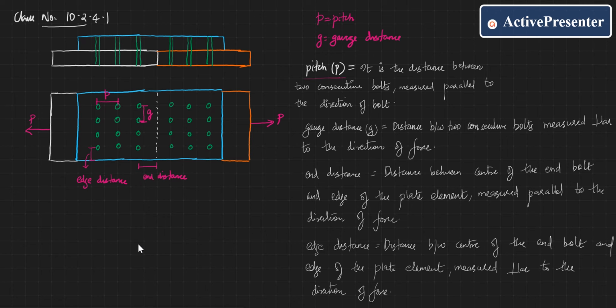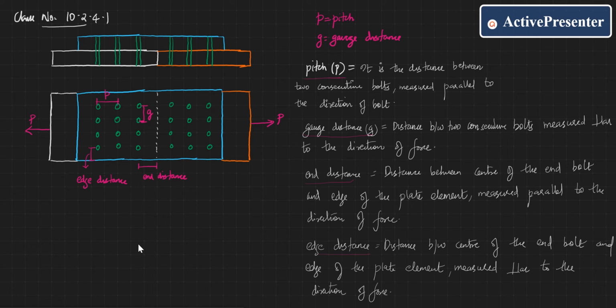The gauge distance is the distance between two consecutive bolts measured perpendicular to the direction of the force. The end distance is between the center of the end bolt and the edge of the plate element measured parallel to the direction of the force. And edge distance is the distance between the center of the end bolt and the edge of the plate element measured perpendicular to the direction of the force.